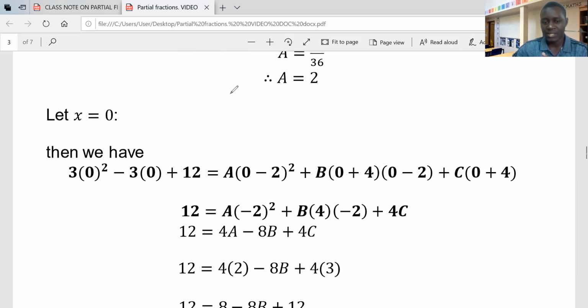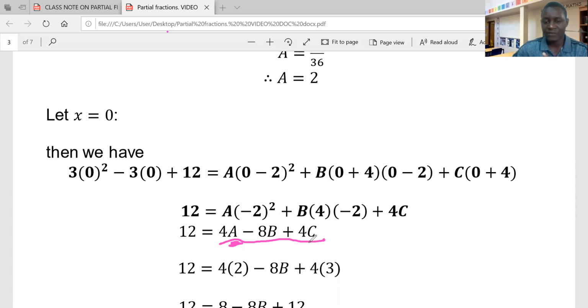You can pause the video and see how we came up with this after simplifying from this line here. So we have 4a minus 8b plus 4c. Remember that we already have a value for a, so you substitute the value for a.